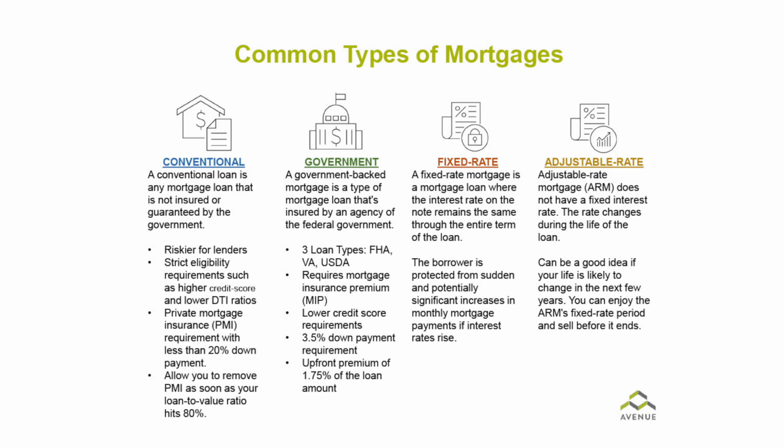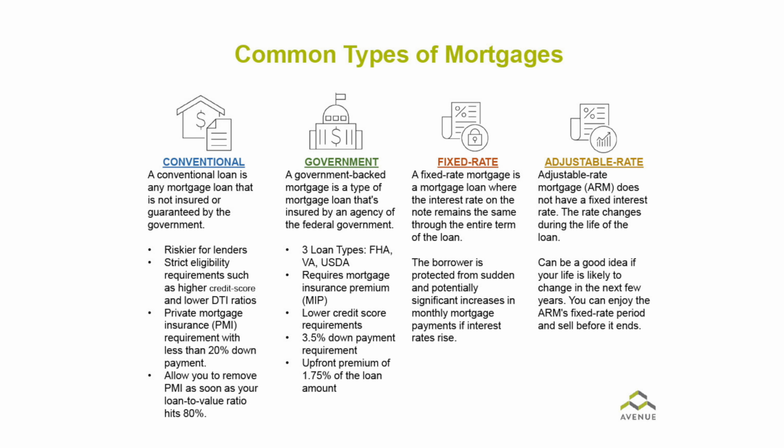Now, in both of these types of loans, there are fixed rate or adjustable rate. The fixed rate or adjustable rate directly correlates to the interest rate. The fixed rate mortgage is a loan where the interest rate on the note is the same from the first payment to the very end, the maturity of the loan, for the entire term of the loan.